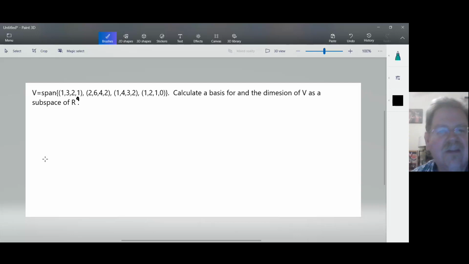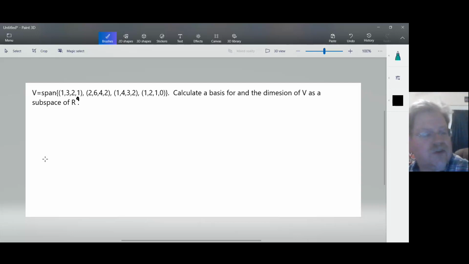So here, to calculate a basis for this subspace, we can rely on some other types of problems that we've done. If we think about a basis for the row space of a matrix, or the column space of a matrix, either one of those ideas will work here.